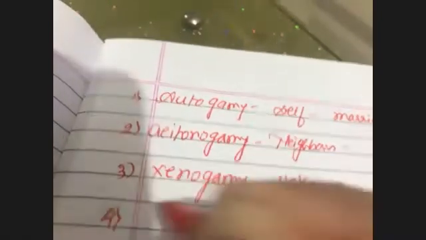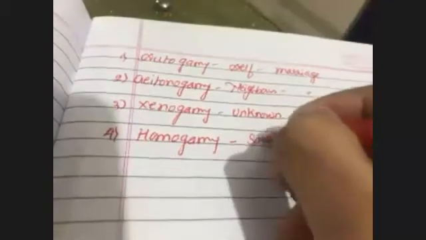Then you have come across a term as the fourth one, homogamy. Homo is same type. The male and female mature together. Next was dichogamy.